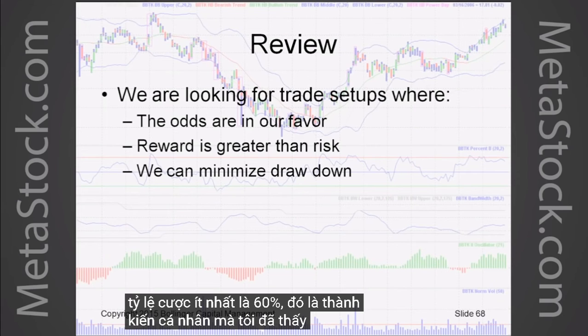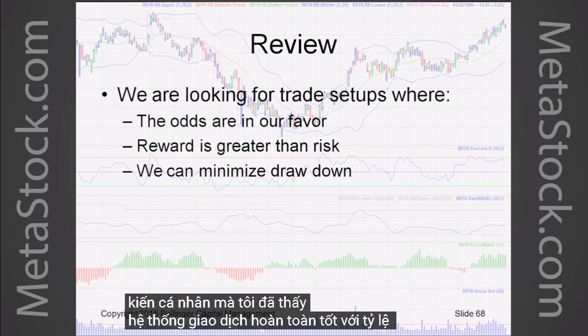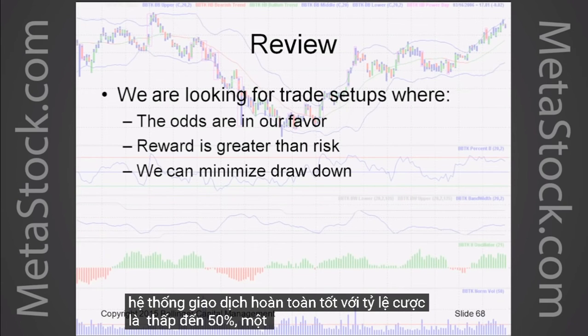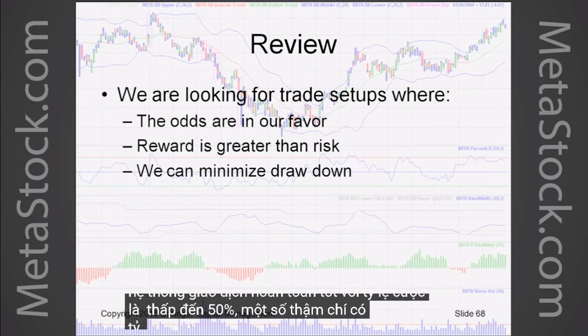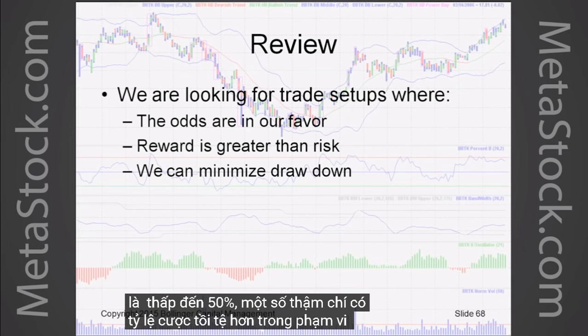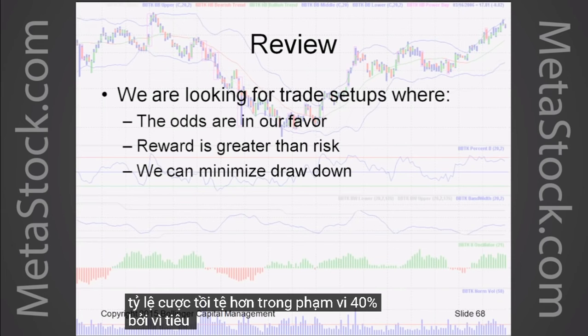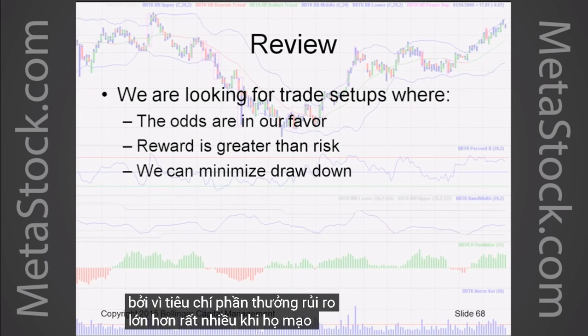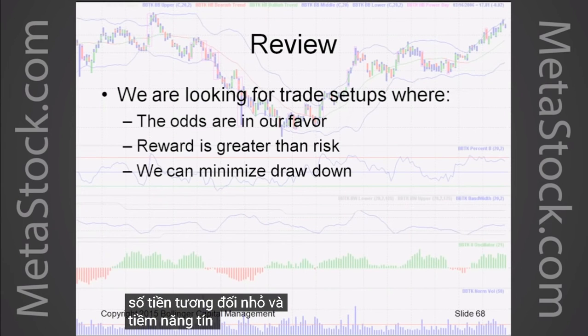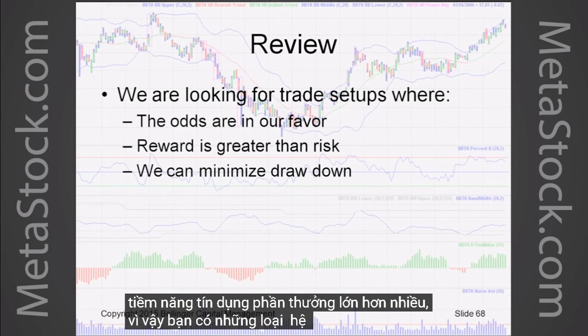I've seen perfectly good trading systems with odds as low as 50%. Some are even with worse odds than that, in the 40% range, because the risk-reward criteria was so much greater, where they were risking relatively small amounts, and the reward potential was much, much greater. So you have those sorts of trading systems.